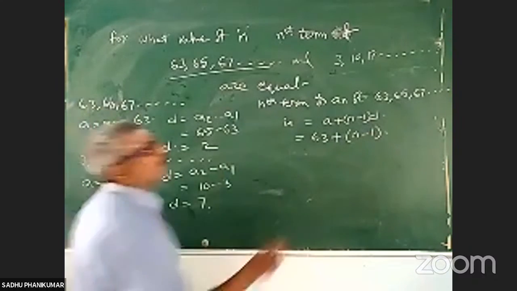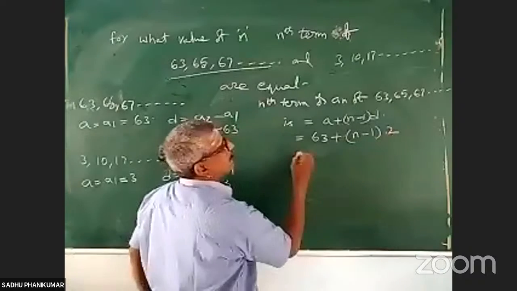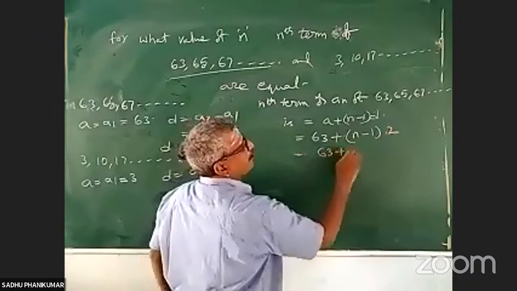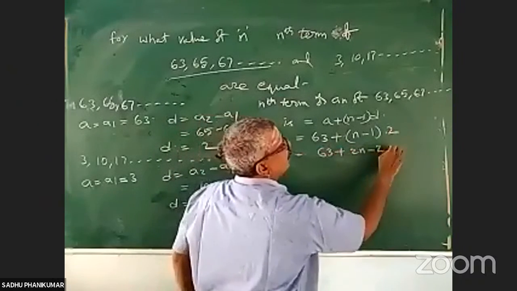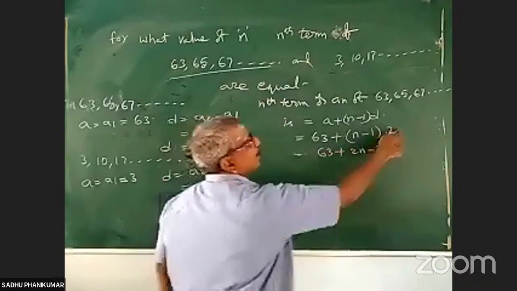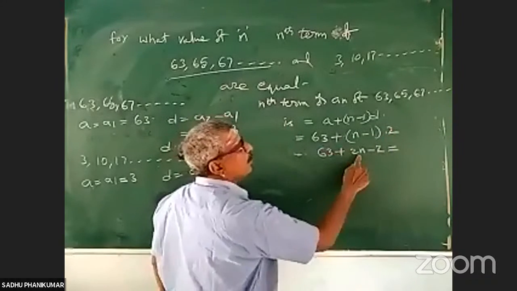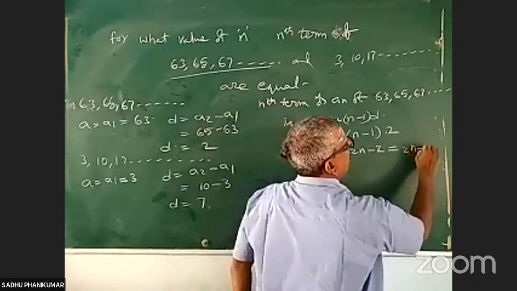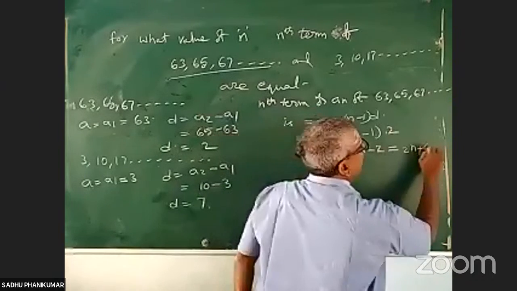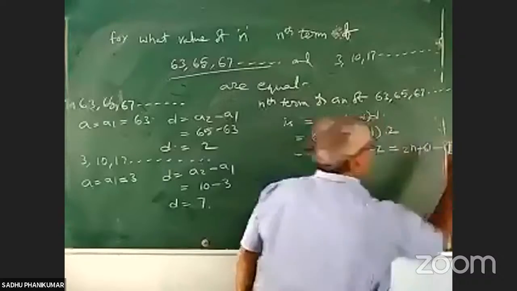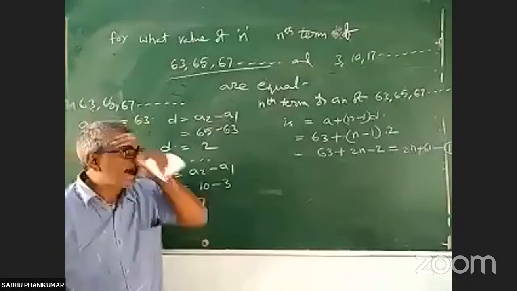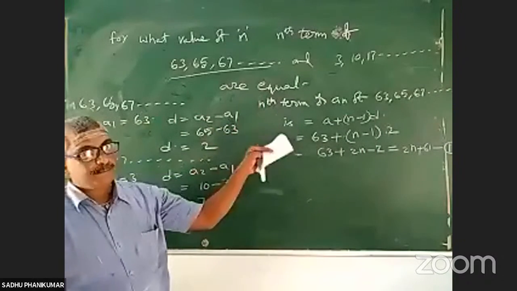D value is 2. That is equal to 63 plus 2n minus 2, which is also equal to 2n plus 61. Say this is equation number 1, 2n plus 61.